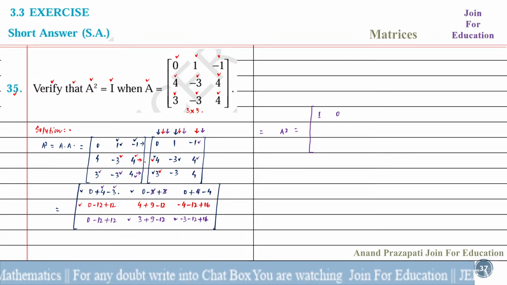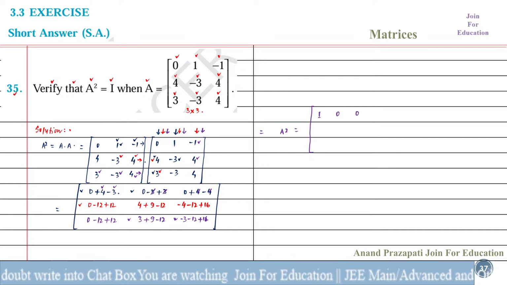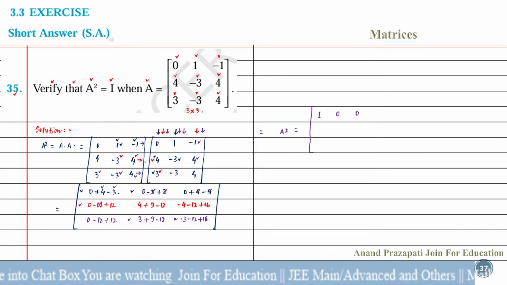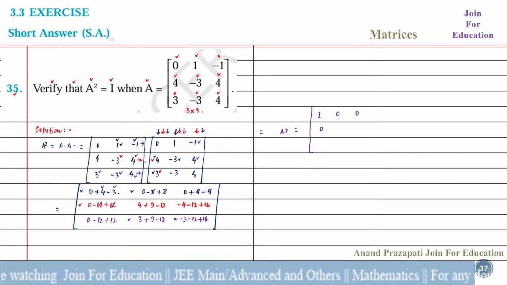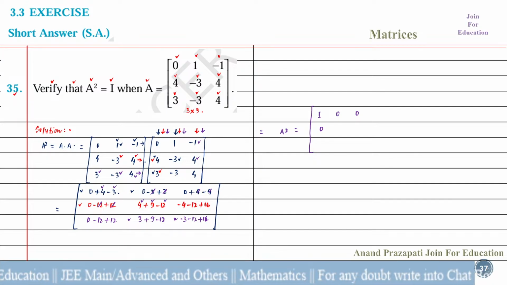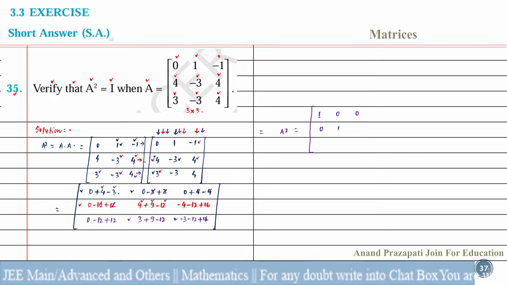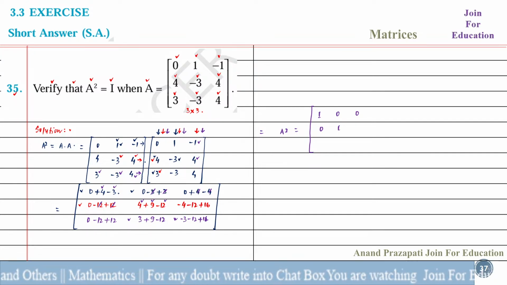Plus 4 minus 4 cancelled out, therefore we write down here 0. Minus 12 plus 12 cancelled out, therefore we write down here 0. 4 plus 9, 13, minus 12 equal to 1. Observe, there is no problem to understand up to this.